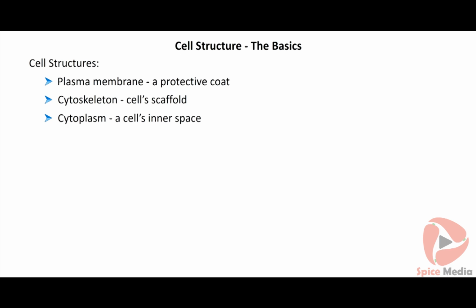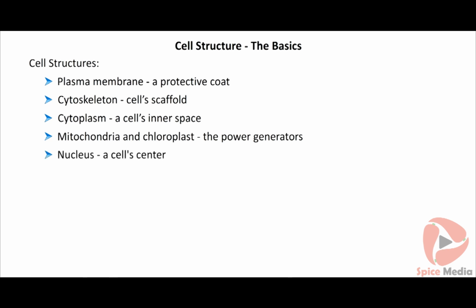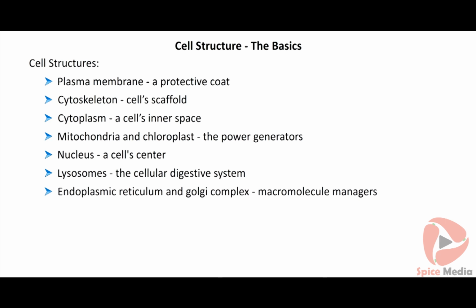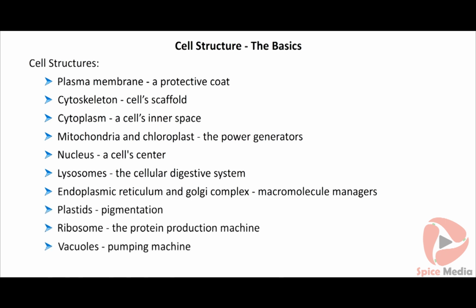However, the bacterial cell differs from the cells of plants, animals, fungi, and protists, as these organisms have several intracellular structures known as mitochondria and chloroplast, the power generators, nucleus, the cell center, lysosomes, the cellular digestive system, endoplasmic reticulum and Golgi complex, macromolecule managers, plastids, pigmentation, and vacuoles, pumping machine.